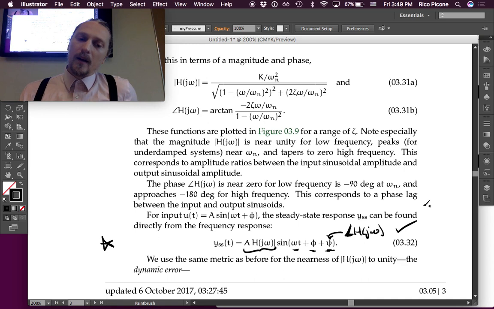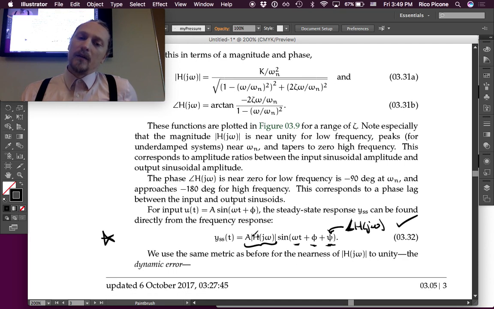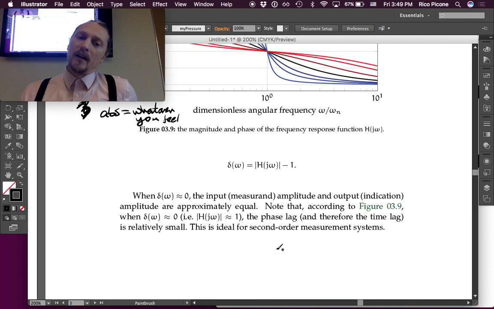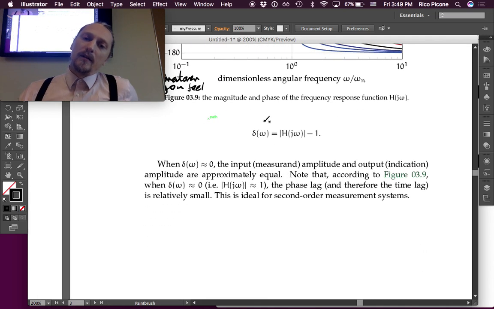So we use the same metric as before, the nearness of the magnitude of H of j omega to unity, the dynamic error. We want this to be about 1, so the dynamic error is the difference between the magnitude and 1.